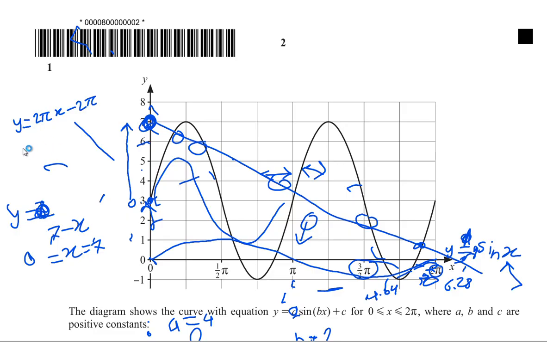When y equals to 0, we have 2 pi x equals to 2 pi, so x equals to 1, right? And when x is equal to 1, what's the value of pi by 2? 3.1416 divided by 2 is something like 1.5. What's in between 0 and 1.5?